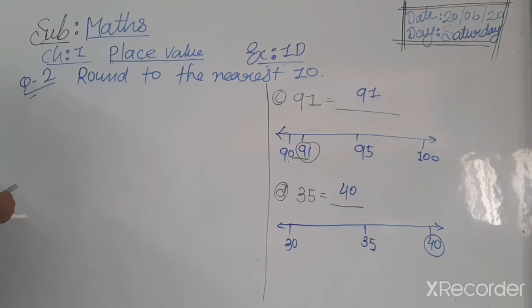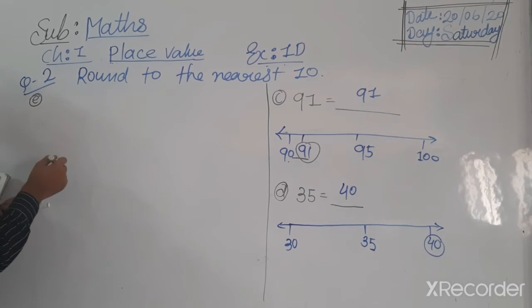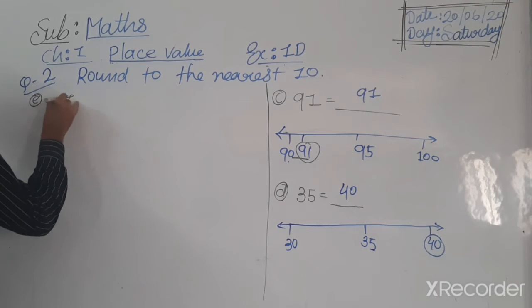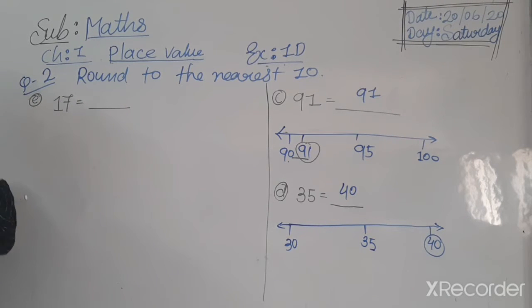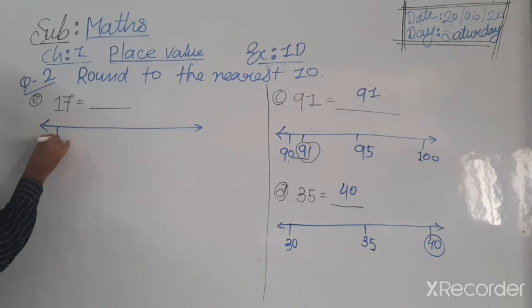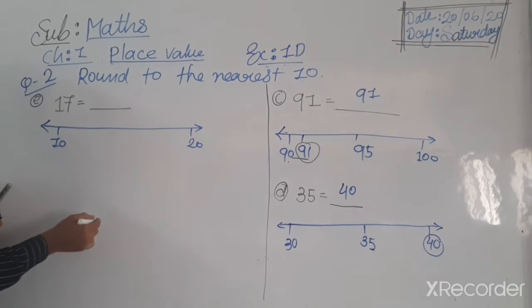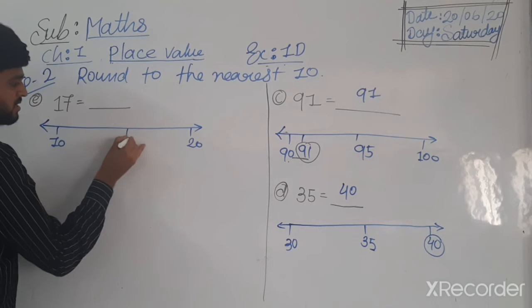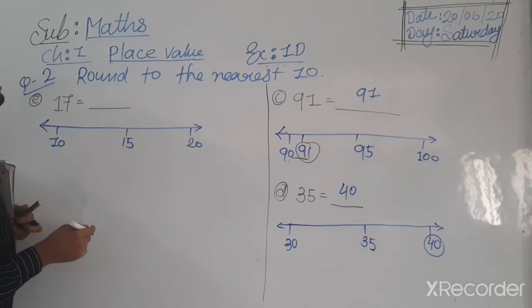Now question number E, 17. Let's check on a number line. First 10, then 20. In between, the halfway is 15.